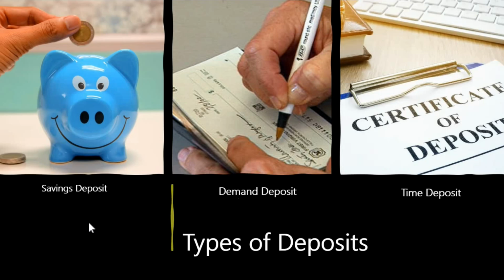Now, in terms of withdrawal, yung depositor ay makakapag-withdraw lang sa bank if dadalhin niya yung passbook niya tapos magpi-fill out siya ng withdrawal slip. So that's the usual deposit and withdrawal na transaction related to savings deposit.